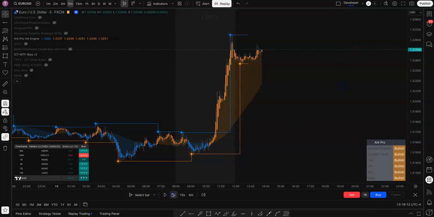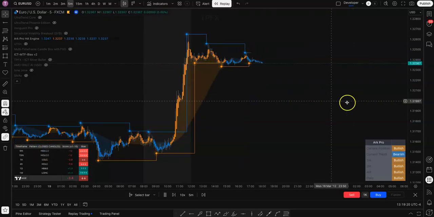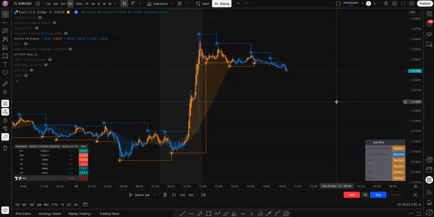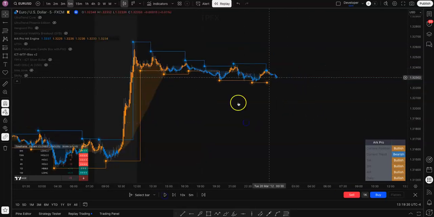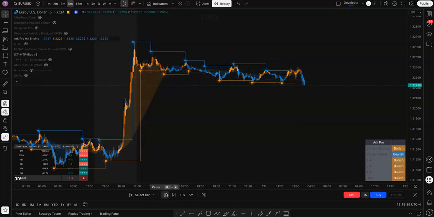It's up to you. The settings are done already, and I'm giving you the strategies and everything, so you can go ahead and start trading right away. Now, if you're one of those curious people, you can play around with the settings, change them, tweak them, right, and see what settings work best for you.